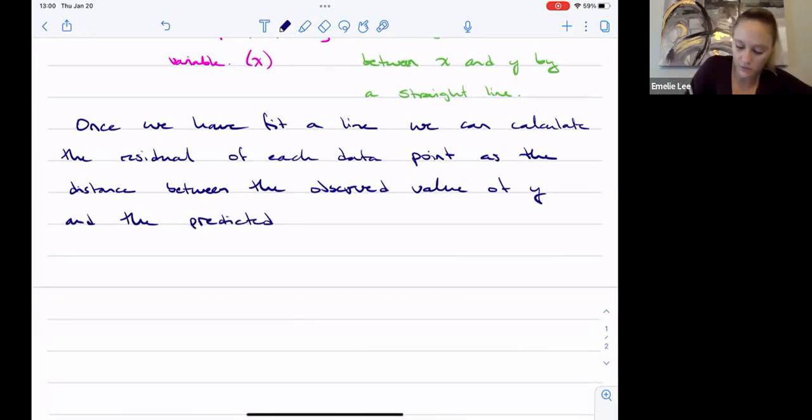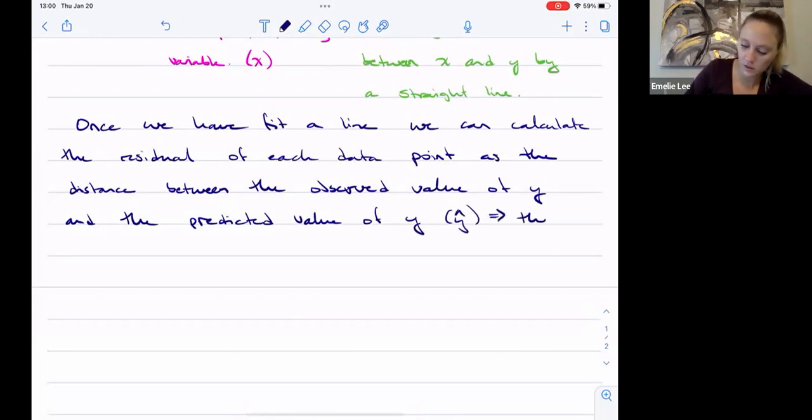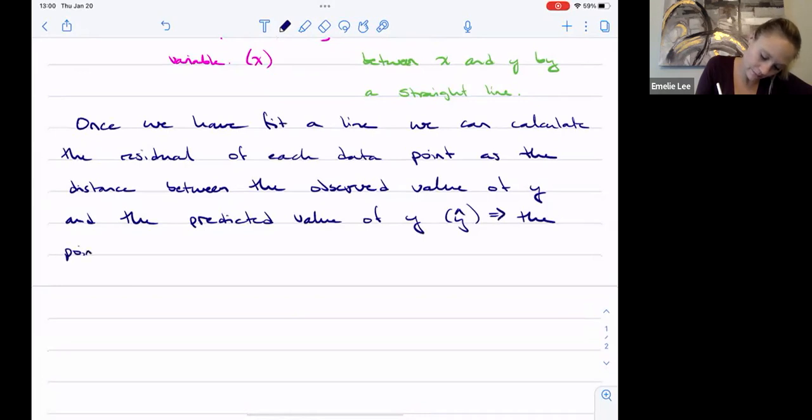The predicted value of Y, which is Y hat, which is the point on the line.